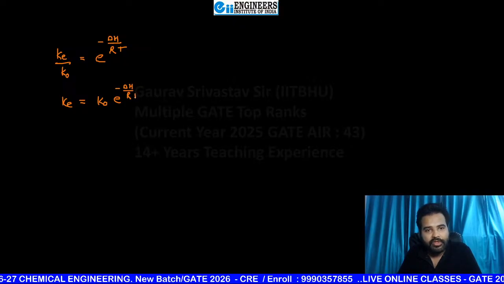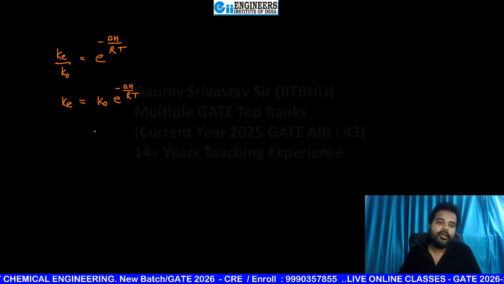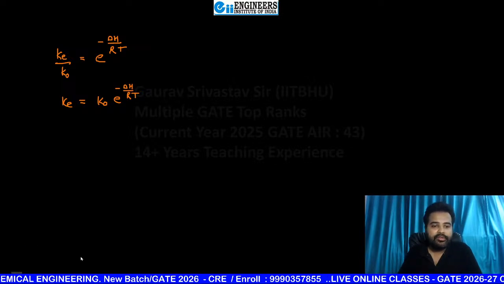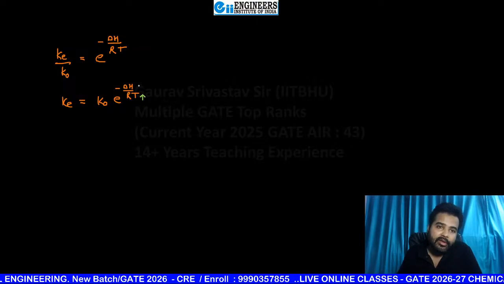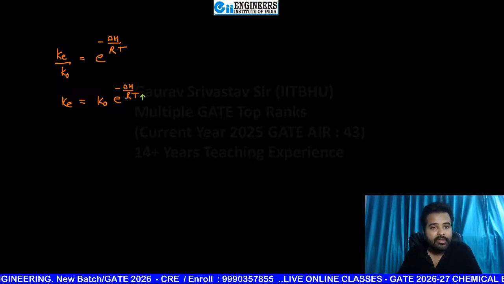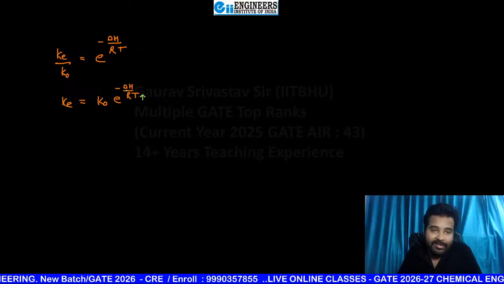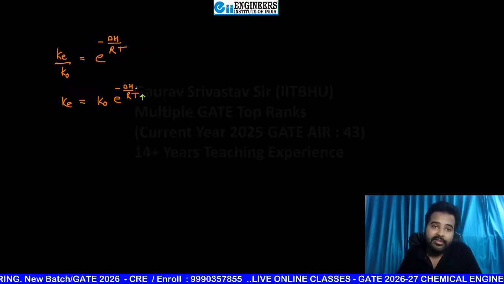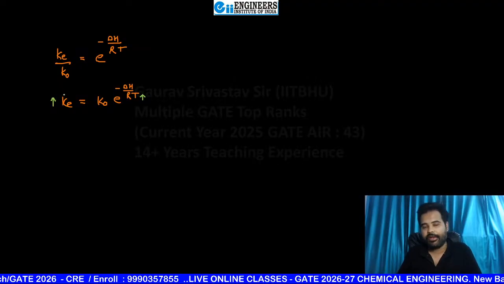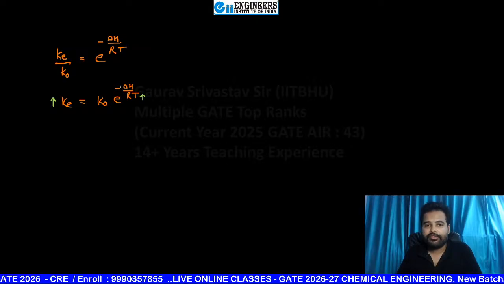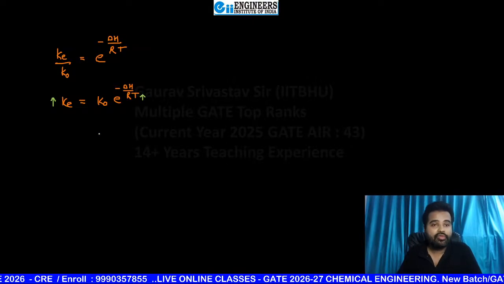Now please see it carefully. Clearly, my dear students, if you increase T, the overall negative value is there, so e raised to the negative power decreases. If e raised to the negative power decreases, the value of this will increase. But wait, is this sign always negative? No. Why not?